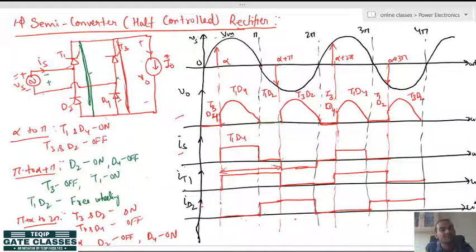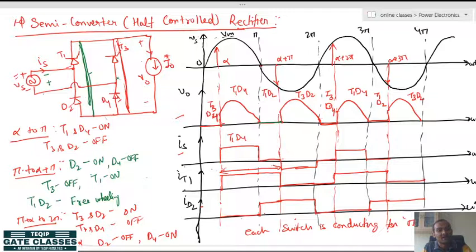Means in semi converter case, each switch is still conducting for pi radians. This is very important for 1 mark question, conducting for pi radians. All right. So, now the source voltage and load voltage and source current shapes are similar. All right.